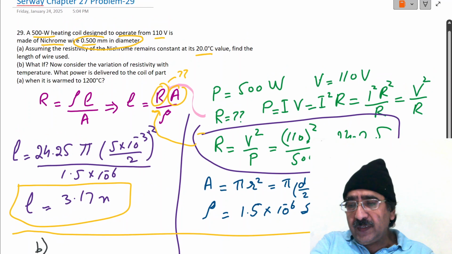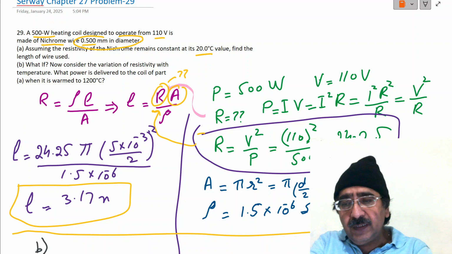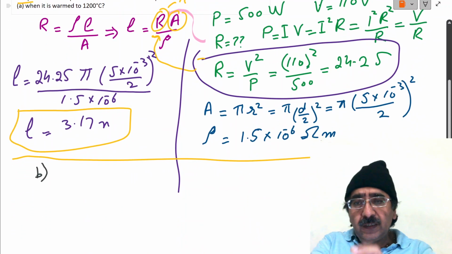There is a relation, we consider the variation of the resistivity with the temperature. So firstly, we have to find the variation in resistivity with temperature.